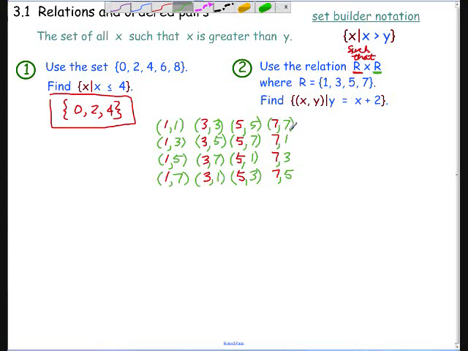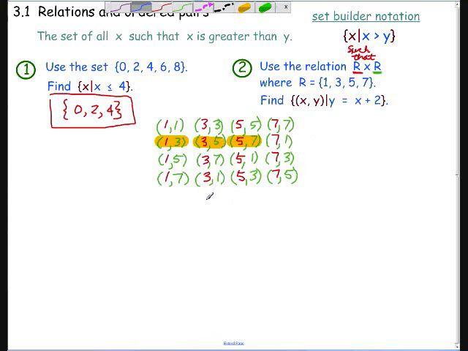Y is 2 more than x. Well, that's not occurring all that many times here. Let's see where it is occurring. Okay, so y is 2 more than x. It occurs here, here, and here. Strange how I happened to set it up. They lined up. Maybe it wasn't such a bad thing to do after all.